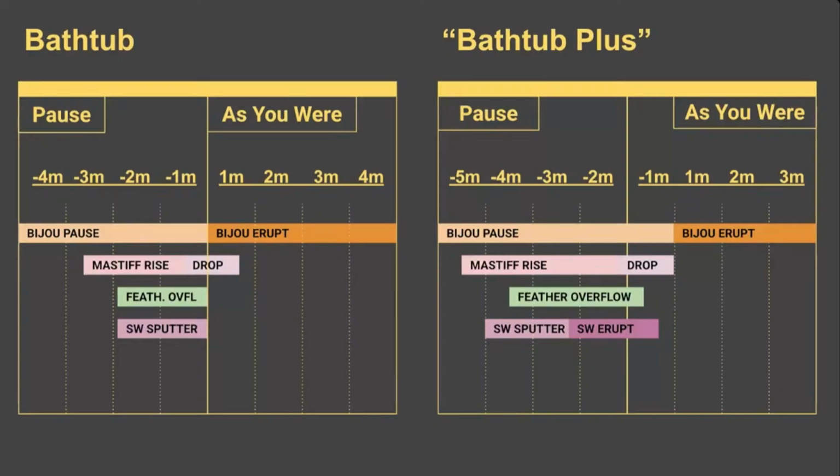If bijou stays off for longer, this timeline shows 5 minutes, but it could be up to 8 minutes. Things might progress enough for the southwest vents to start spitting or fully erupting. Rust can also be active during this type of activity, and we call that a bathtub plus.